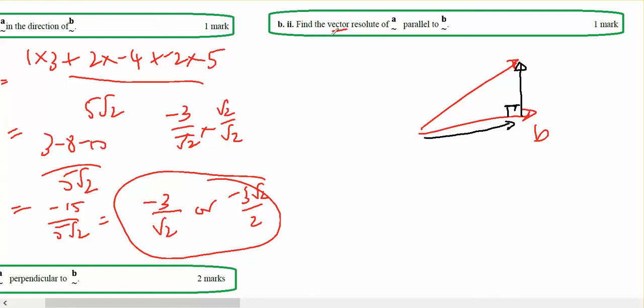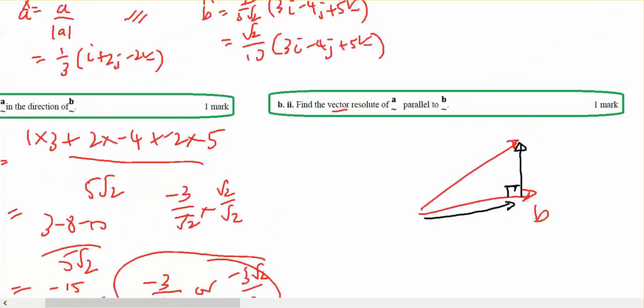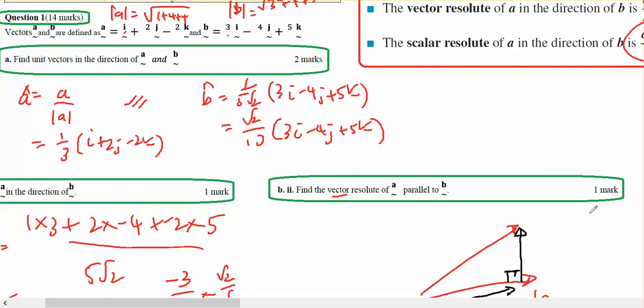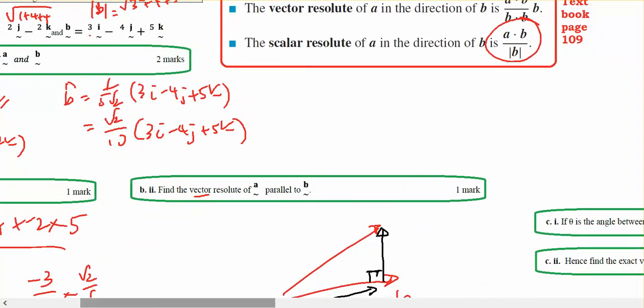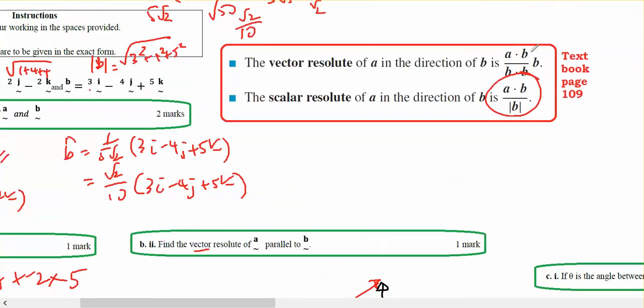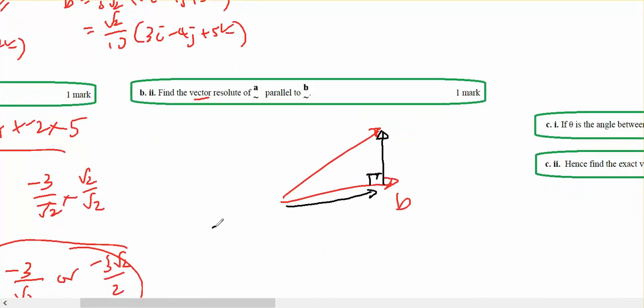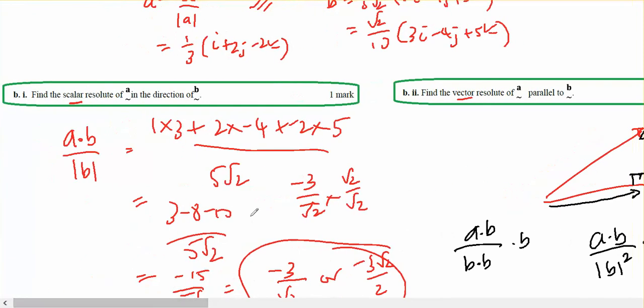And that's going to be the vector resolute of a in the direction of b, which will be this rule here, which is a dot b over b dot b, times b, which is the same as a dot b on the magnitude of b squared, times b. I know a dot b equals negative 15.